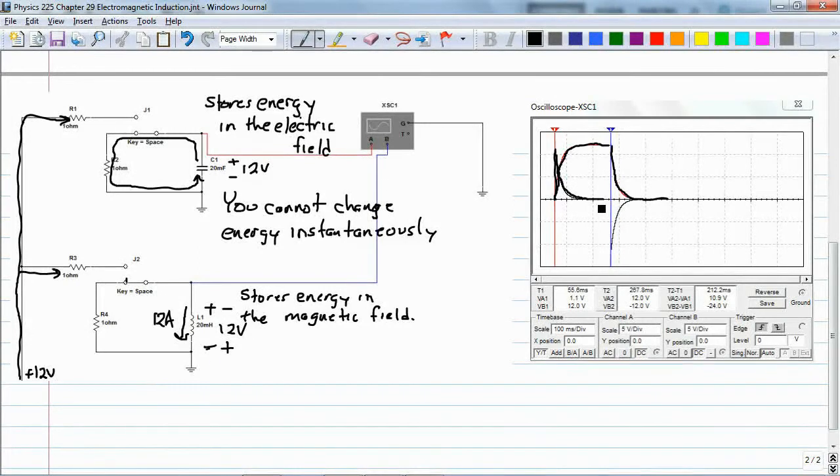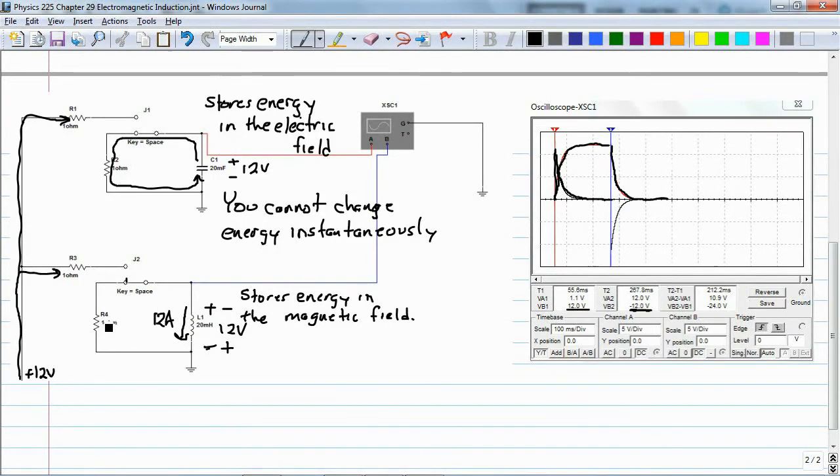And so as you can see here in the chart, the polarity changes. And at the first spike it was 12 volts up, a positive, which we saw because it would oppose the current and it would need 12 volts to do that. And when you flip the switch and there's 12 amps of current flowing through this inductor, it needs to produce or induce a 12 volt potential, but it's going to be negative so that it can keep the current flowing in the same direction.